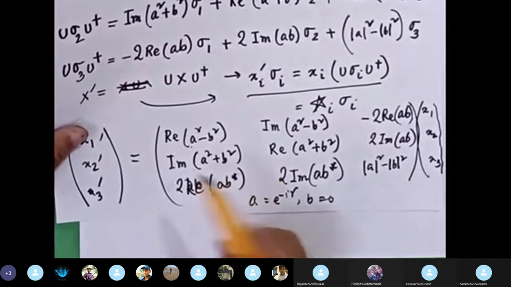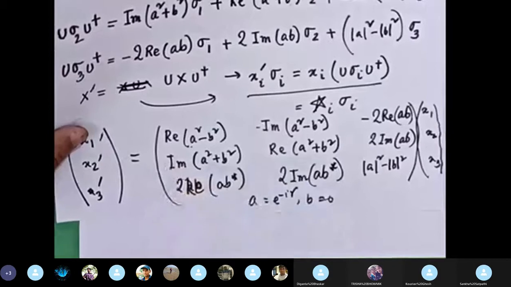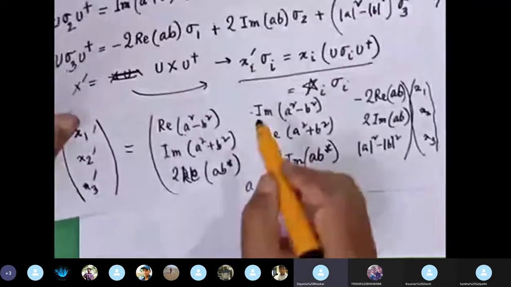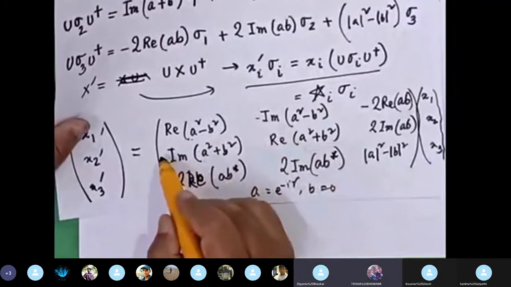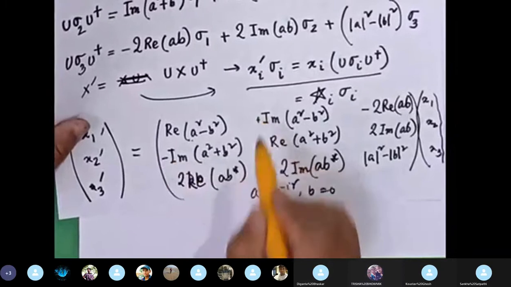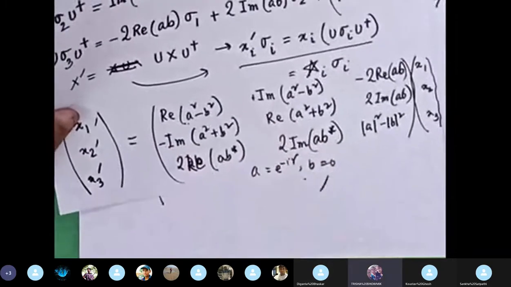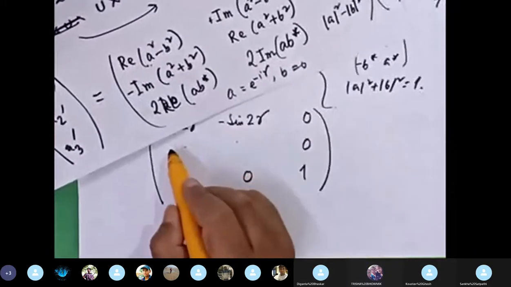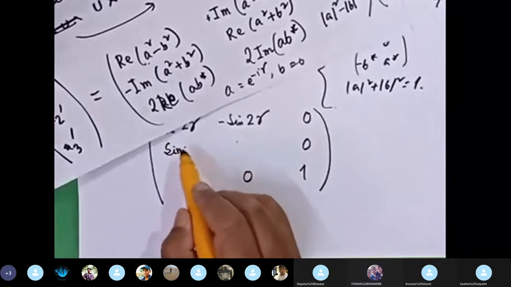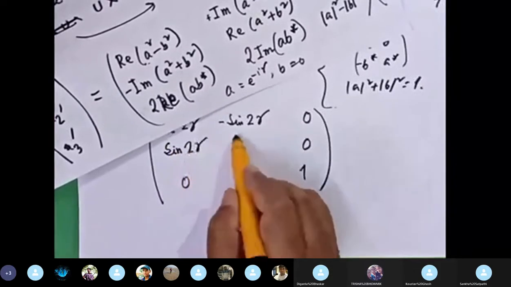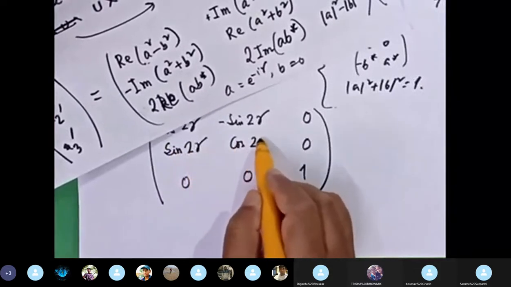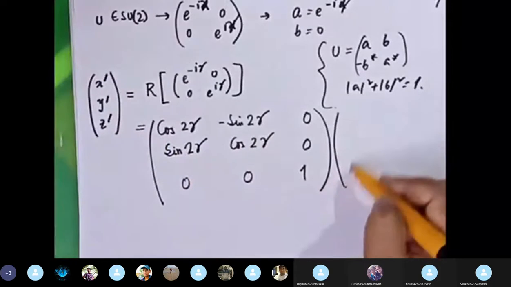It should be either here or here. The 1-2, say 2-1. I think 2-1. Yeah, it should come like this, because this we say from our intuition. Clear?